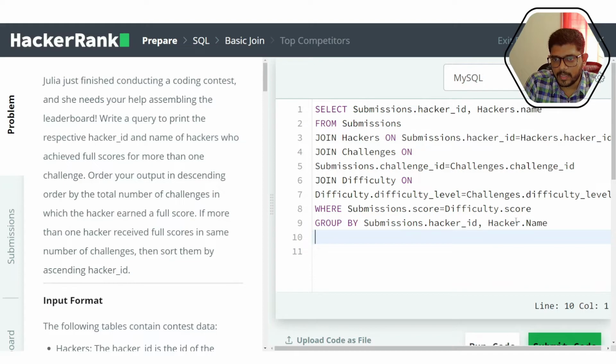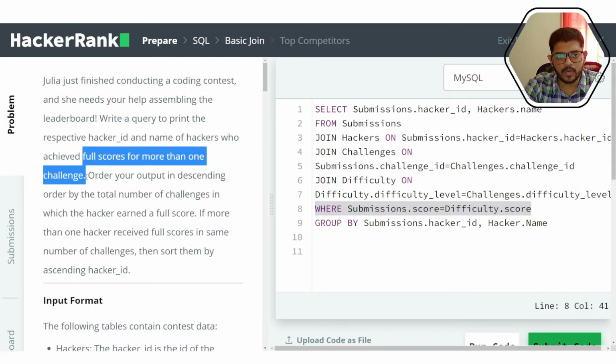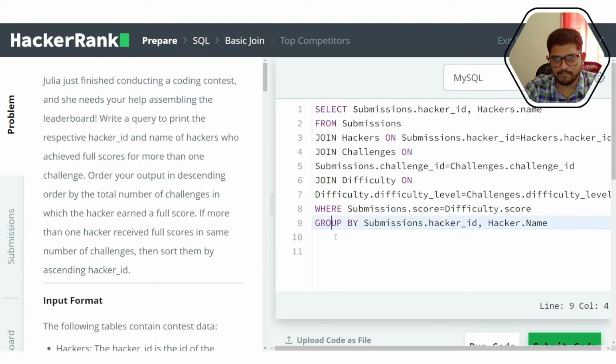After grouping, we have to do one more level of filtering. The first filtering is this where clause, where we are counting only those students who got full score, right? But if you read this carefully, it's not just those students who obtained full score. They should have obtained full score in more than one challenge. So how are we going to achieve that?